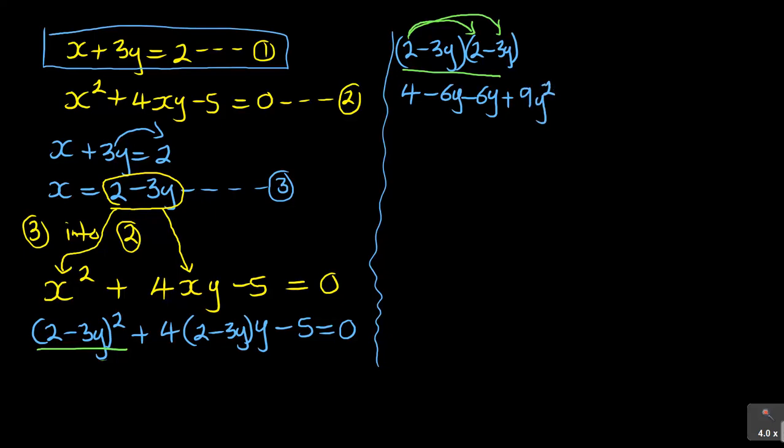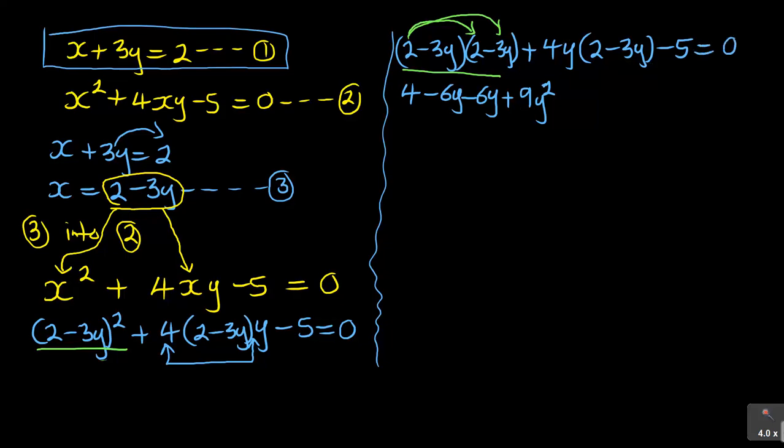As I told you, they are looking for you to make errors. Then we continue. On top it was plus 4y. Now you see the 4 and the y, look what I did. I took the 4 and the y together, so it becomes 4y times (2 minus 3y), minus 5, this equals 0.